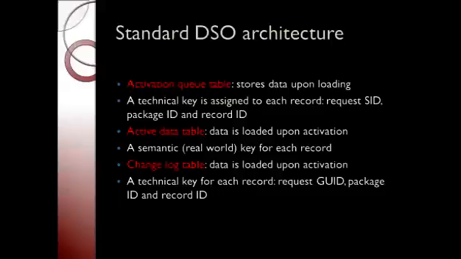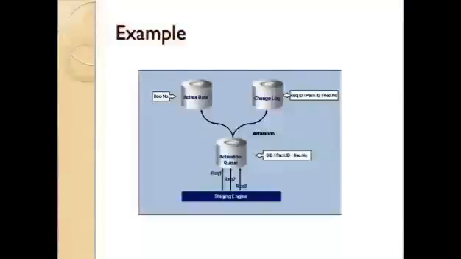Okay, and I will talk about the difference in more detail using an example later on. And speaking of which, this example is actually taken from the SAP library, from the SAP website.